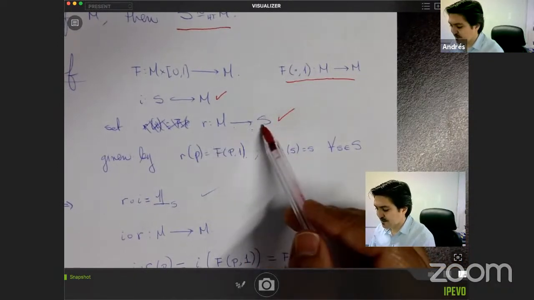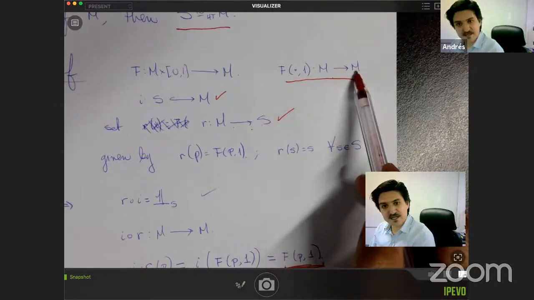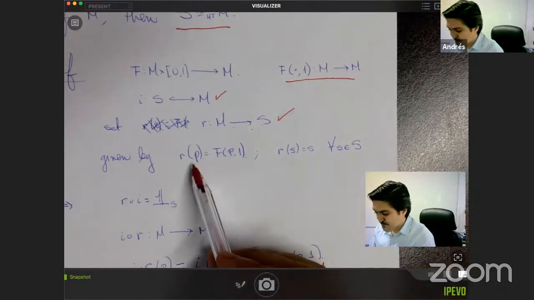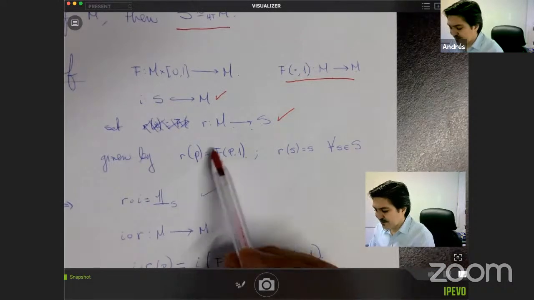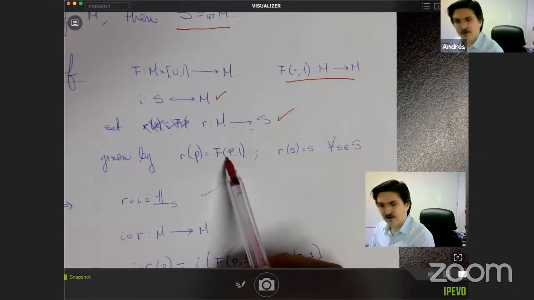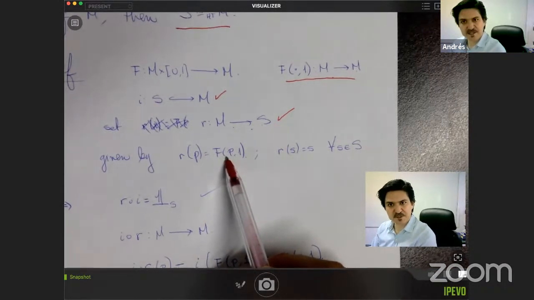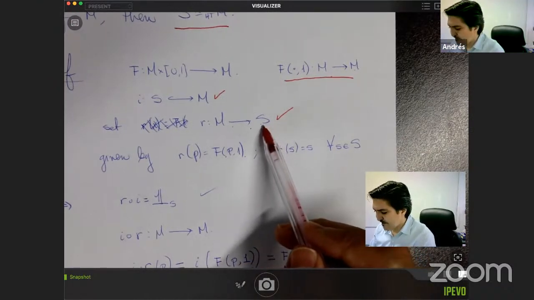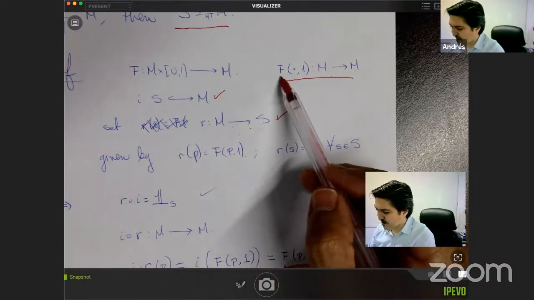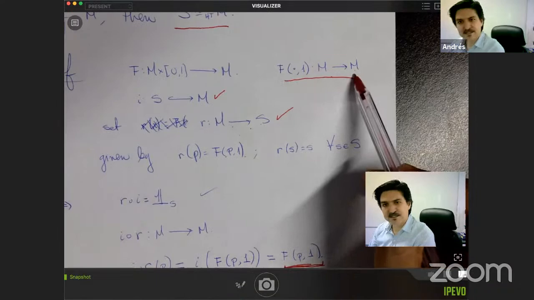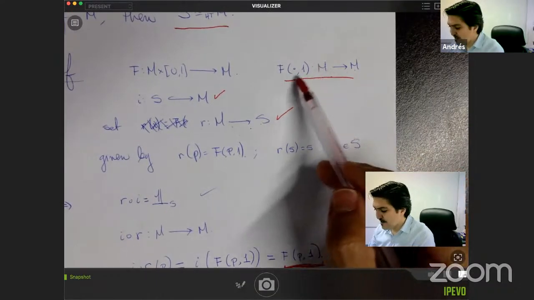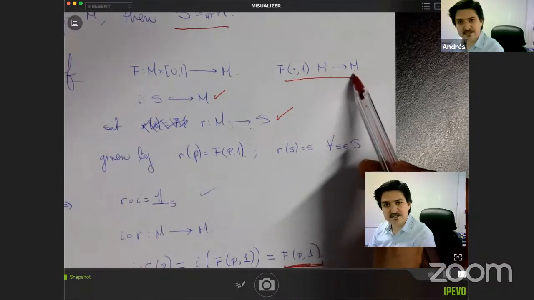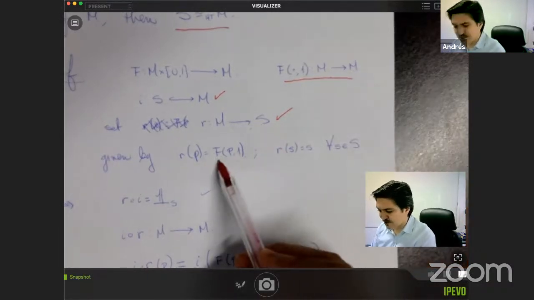For this function is S, for this one is M. But it is basically the same map, or the same formula, so to say. But the difference is that for R, the target is S, and for F, the target is M. Although the image of this map lies in S, and not what we're using here.